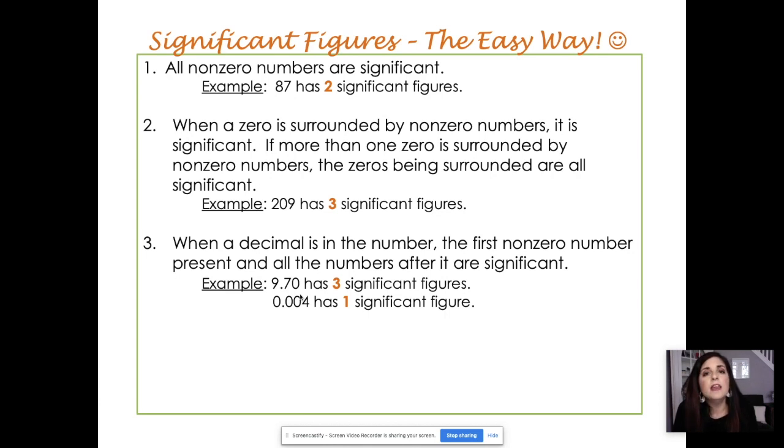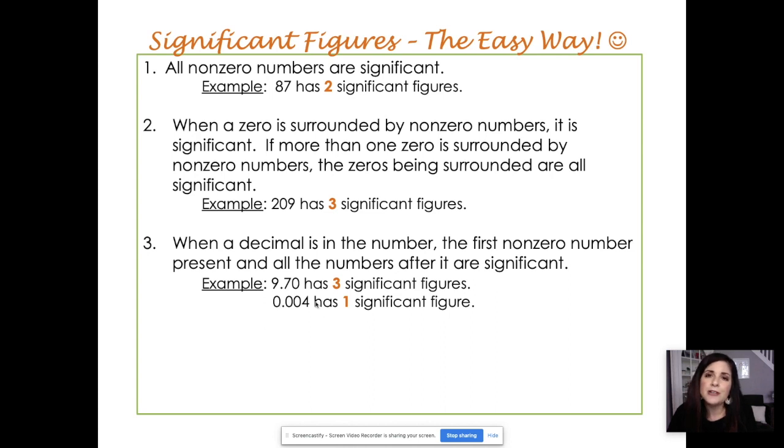0.004. This value measurement has only 1 significant figure. And I never truly grasped this rule myself, but the reason why it only has 1 significant figure is because these zeros in the front are technically placeholders. That's just the rule. We abide by the rules in chemistry, so that's how we do it.